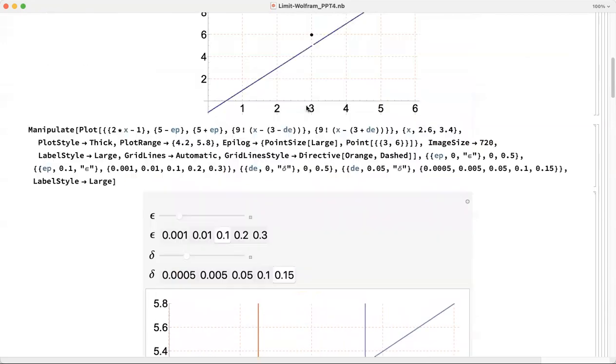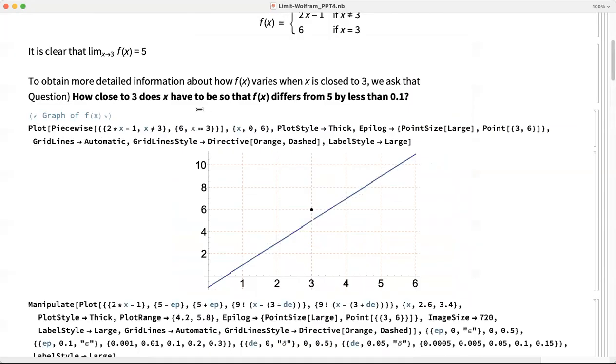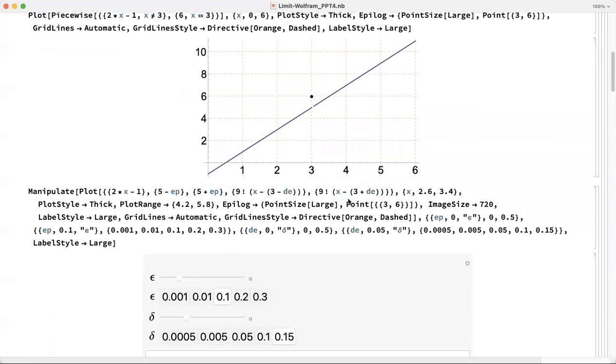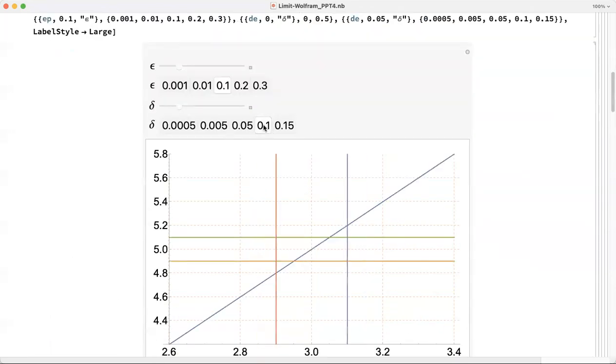So f of x is not going to differ from 5 by less than 0.1. What if delta is 0.1?